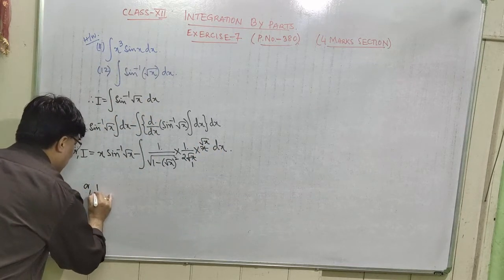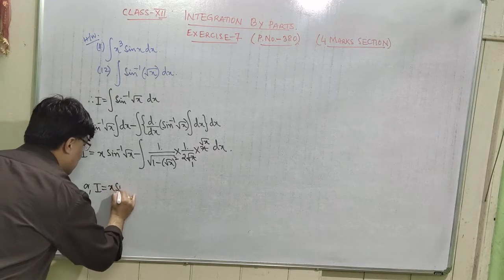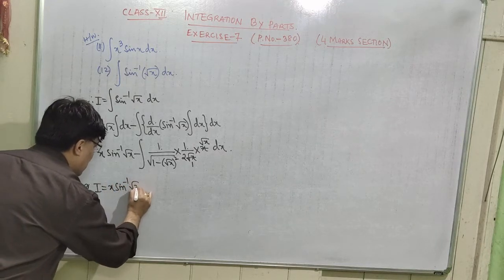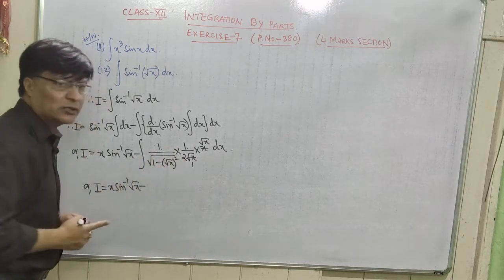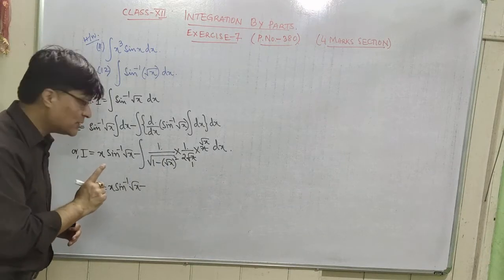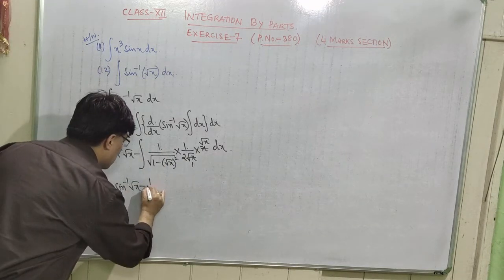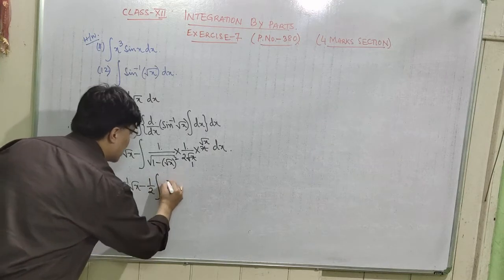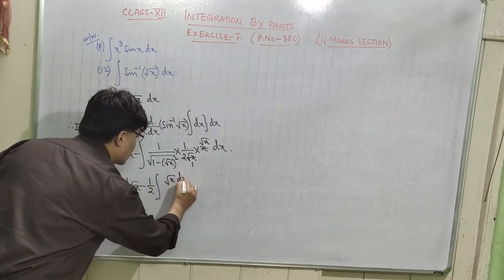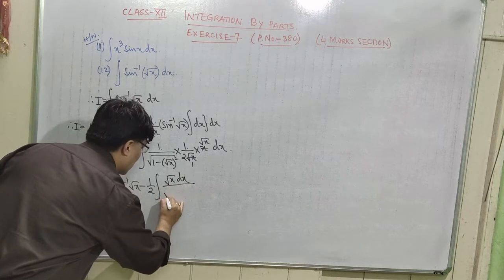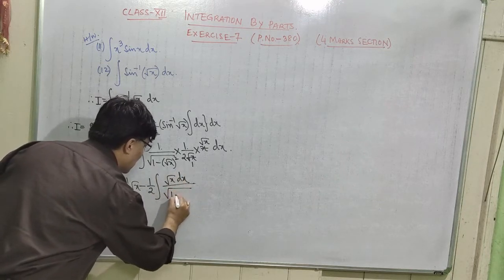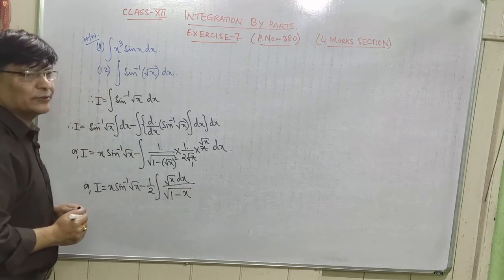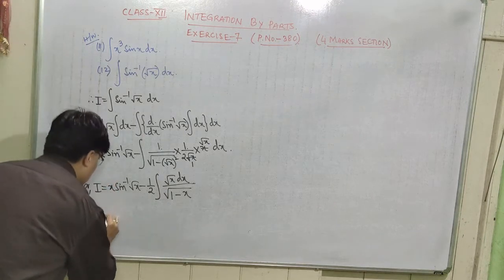So I is equal to x sine inverse root over x minus, which is constant here, that you can take outside integration, that is your half integration of root over x dx divided by within square root, this is 1 minus x. So I think you have understood it.